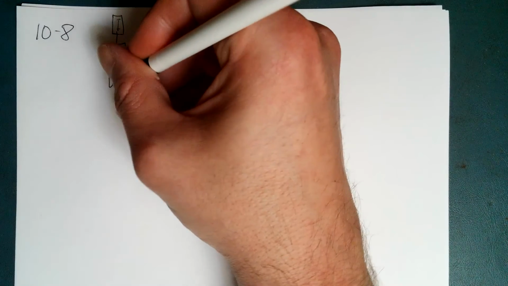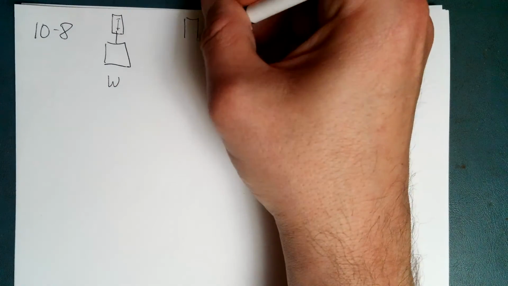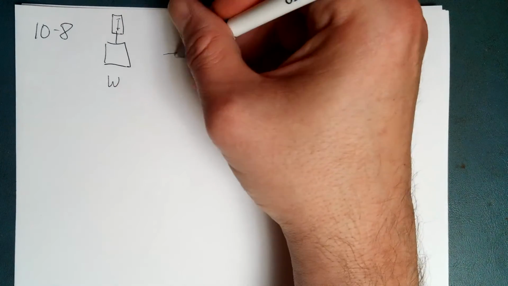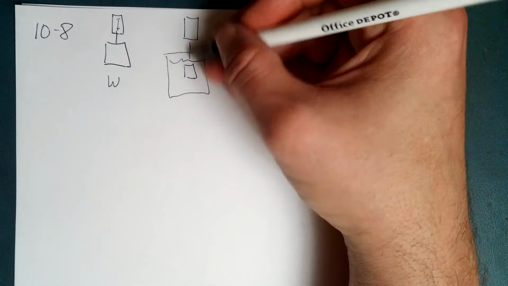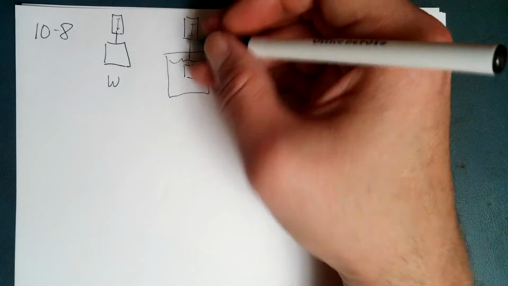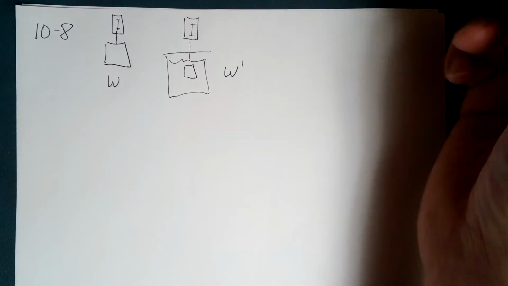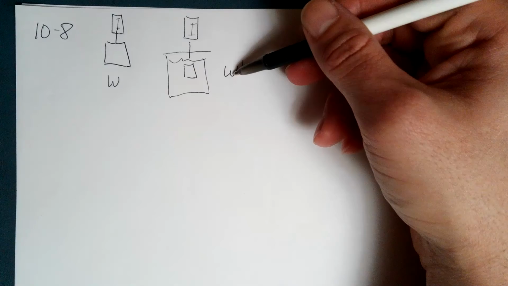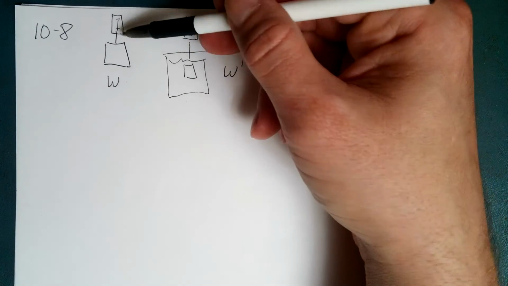This is going to give us a weight in air, and then we're going to take this scale and submerge it in our water. Now with a buoyant force pointing upward, this will give us a different weight. Call it weight W prime, meaning the weight in the fluid, and this should be less than this. So the scale reading here is less than the scale reading there.